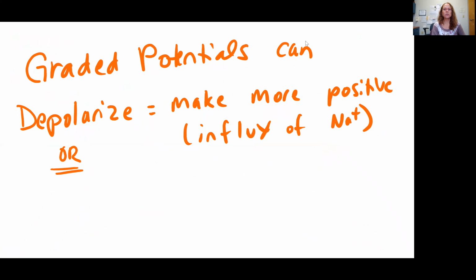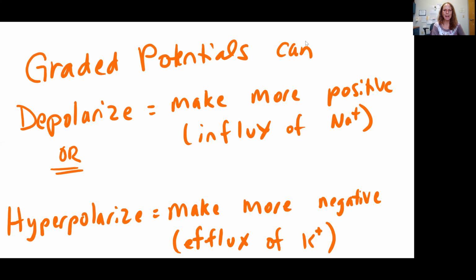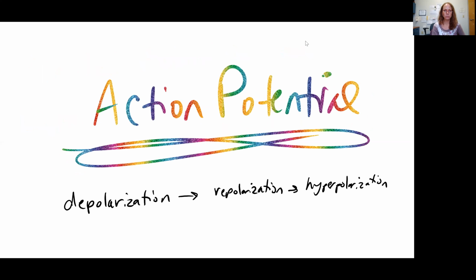Your graded potentials can either depolarize your cell, which is what I've drawn for you already, meaning to make the cell more positive. This is happening with an influx movement in of sodium ion, or you can hyperpolarize the cell, which means to make it more negative than resting. This can happen by an efflux, an exit of potassium ions. So we can see either one of these things happening.